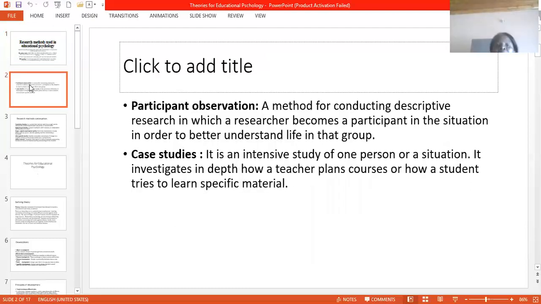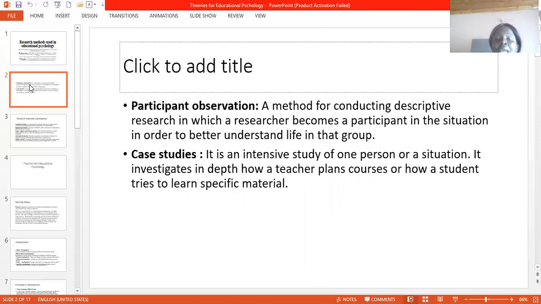The second one, participant observation. This is a method for conducting descriptive research in which a researcher becomes a participant in the situation in order to better understand life in that group.